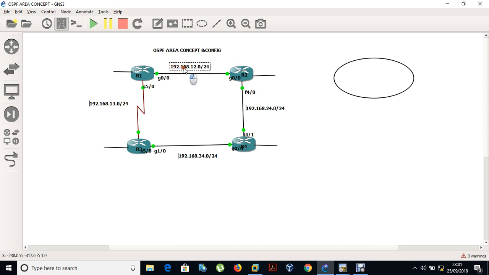They will be members of one network, and they would have one DR and one BDR.